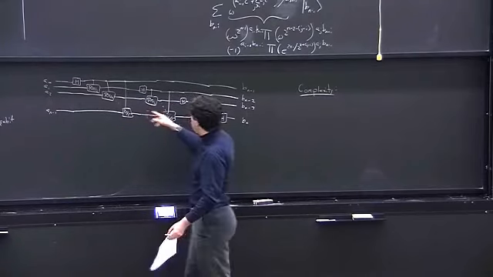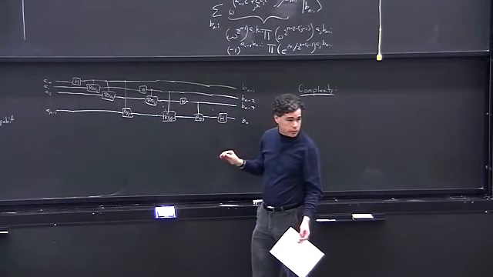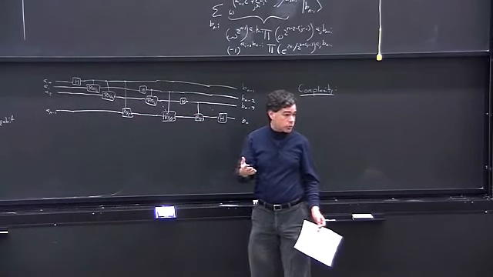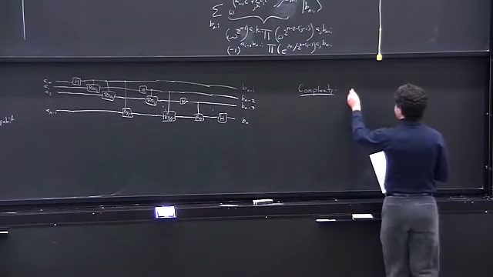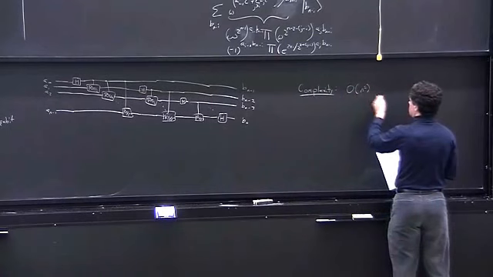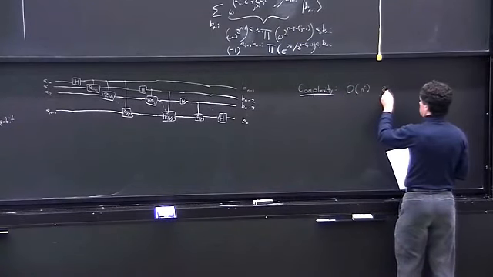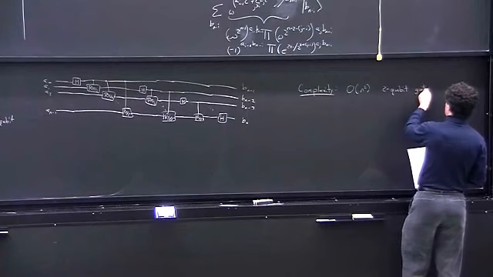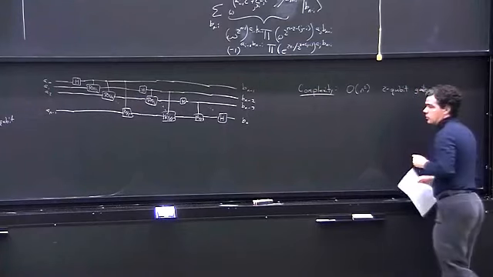So basically, we have 2 qubit gates between all pairs of qubits, and Hadamards for each one. So that's order n squared gates. Okay?